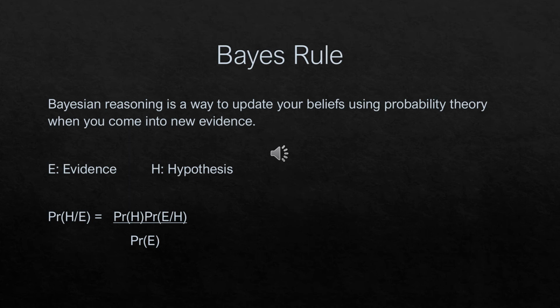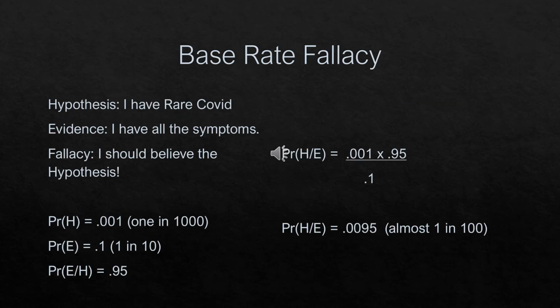Let me give you some examples. The base rate fallacy gets brought out here a lot, because this is exactly the kind of reasoning fallacy that you want to avoid, and that Bayes' rule helps you to see and avoid. It's basically like this. Take the hypothesis that you have.